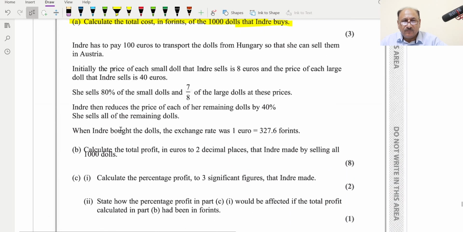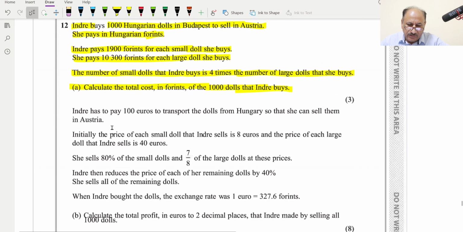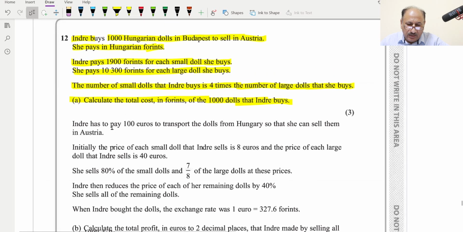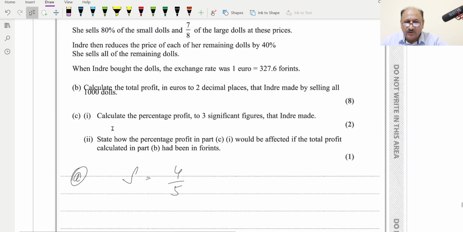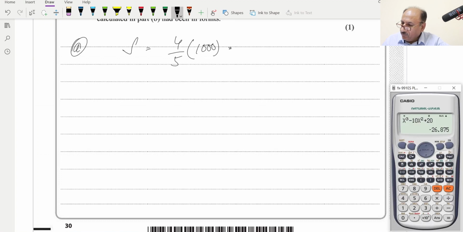So for part A, small dolls are what? Total is 5 portions. Out of 5 portions, 4 portions are for small dolls, and we will write 4 over 5 of 1000. 4 over 5 of 1000 is equal to 800.